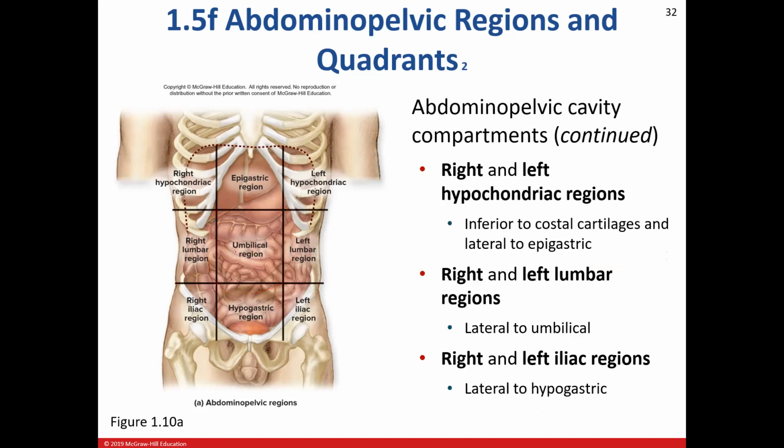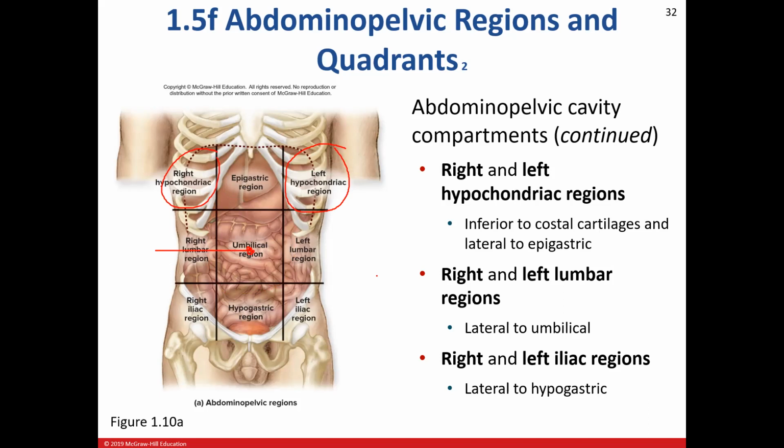Then if you look here, I'm going to put in our umbilicus again. If we go over to these two regions here and here, the left and right hypochondriac region, we're not referring to the person that thinks they have every disease and symptom known to man and thinks that they're sick all the time. We're not talking about a hypochondriac.